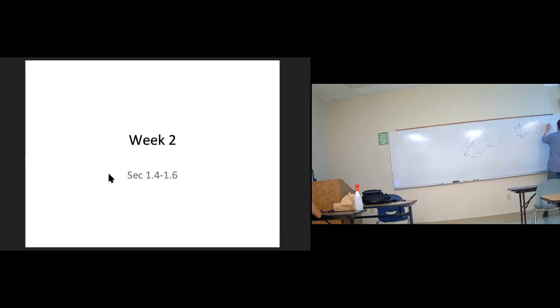Folks at home, can you see that? Well, what we know now is that 6 squared plus x squared is equal to 17 squared, let's call this B squared.